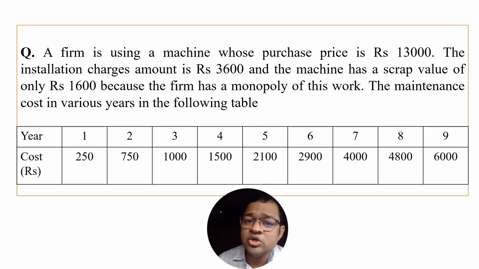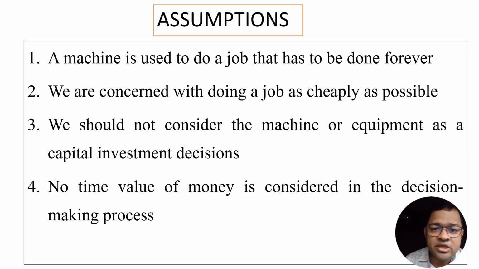Without assumptions you cannot develop a model. Here the assumption is that a machine is to do a job that has to be done forever. Many times, whenever you have no machines, you go for outsourcing. But here the basic assumption is that whatever machine you choose, it is a continuous one.